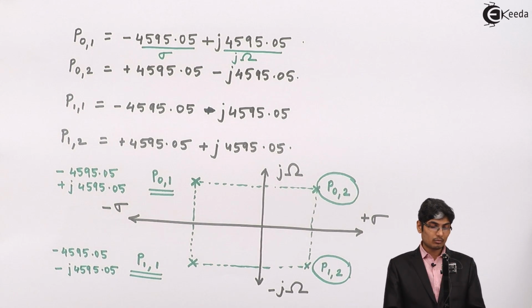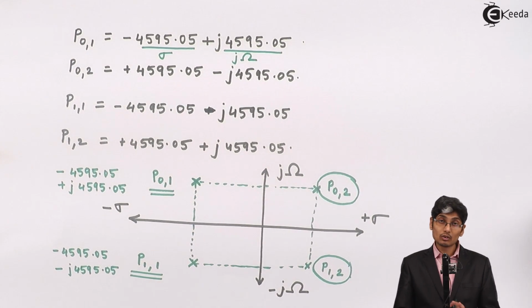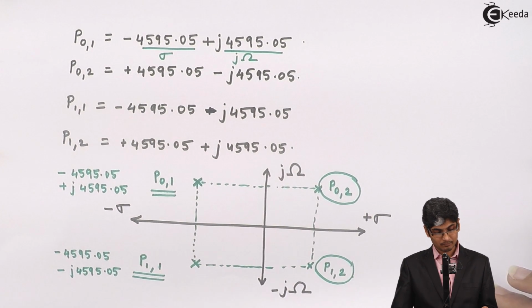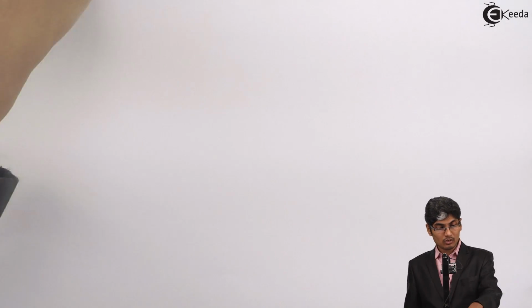You can see that both the poles are complex conjugate to each other, and that should be the case always. Now after finding these 2 poles, let us find the transfer function.